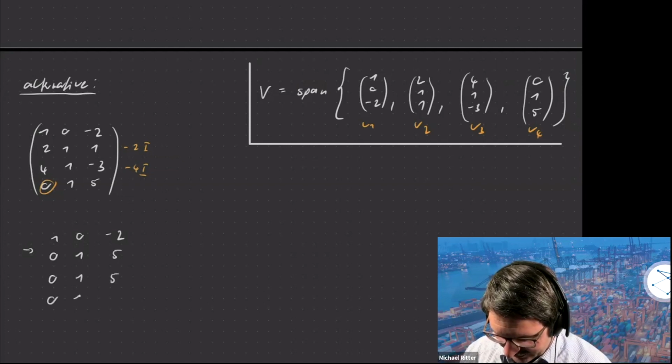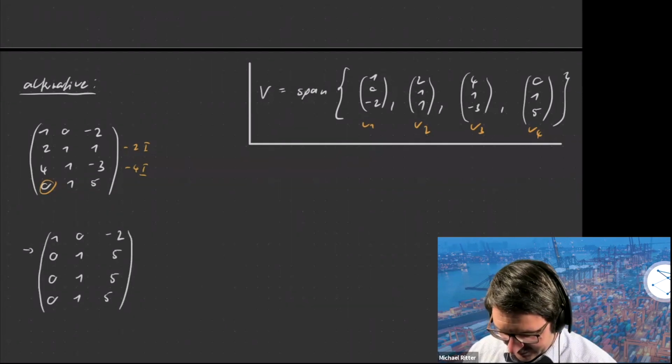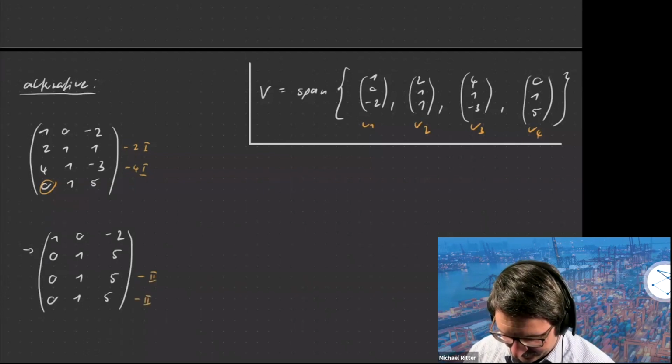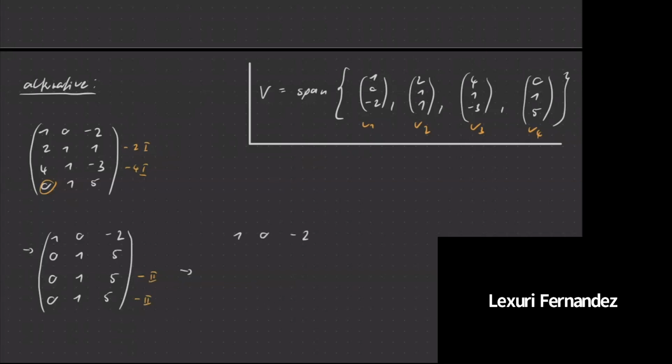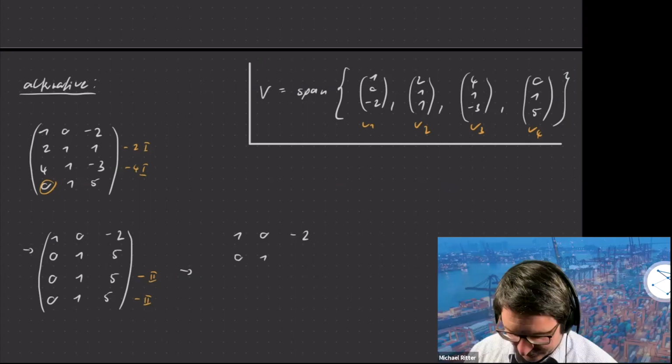And the last one is already 0, 1, 5. And now you can see I just take the second row and I subtract it from the third and also from the fourth. And I get 1, 0, -2, 0, 1, 5, and then 2 zero rows.